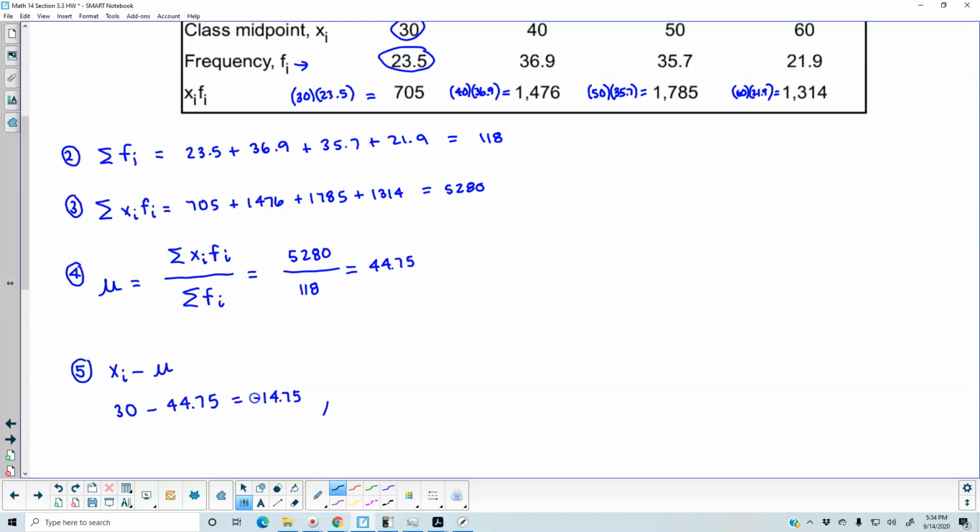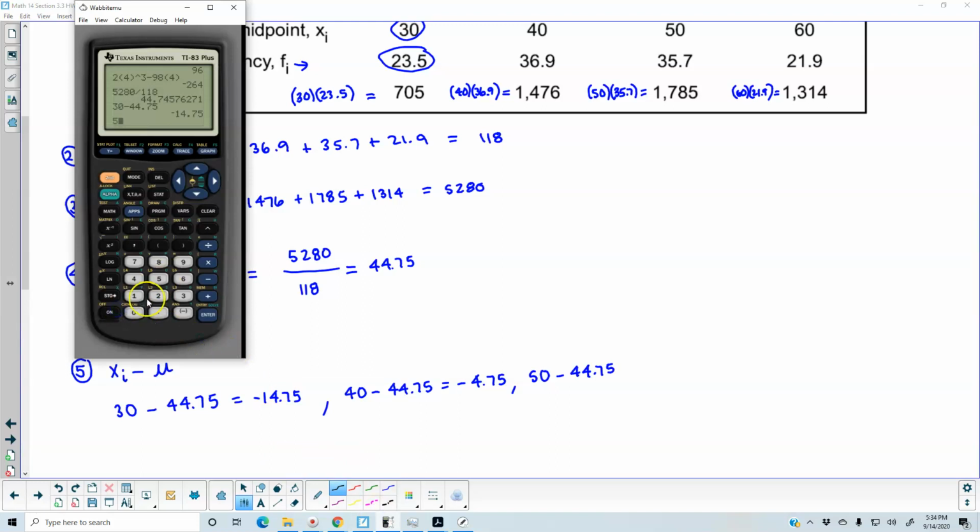Then we take our next midpoint, which is 40, and we're going to subtract 44.75. And so there we should get negative 4.75. And then we're going to take 50, which is our next midpoint, and subtract 44.75.